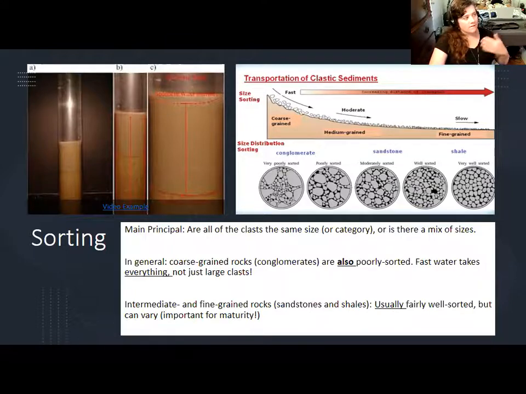Because if you think about it, the fast-moving water doesn't really make a distinction between small particles and large particles. It kind of carries everything. But when the water slows down, the large particles that are left over kind of fall out, and the water only has the energy to carry sand and mud. When the water slows down even more, it's going to lose the energy to carry the sand, and it's going to drop the sand out and just be carrying mud.